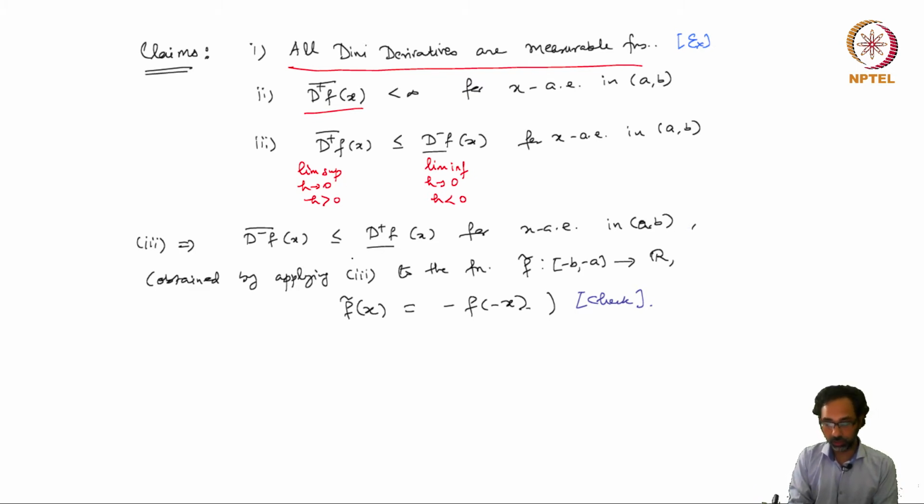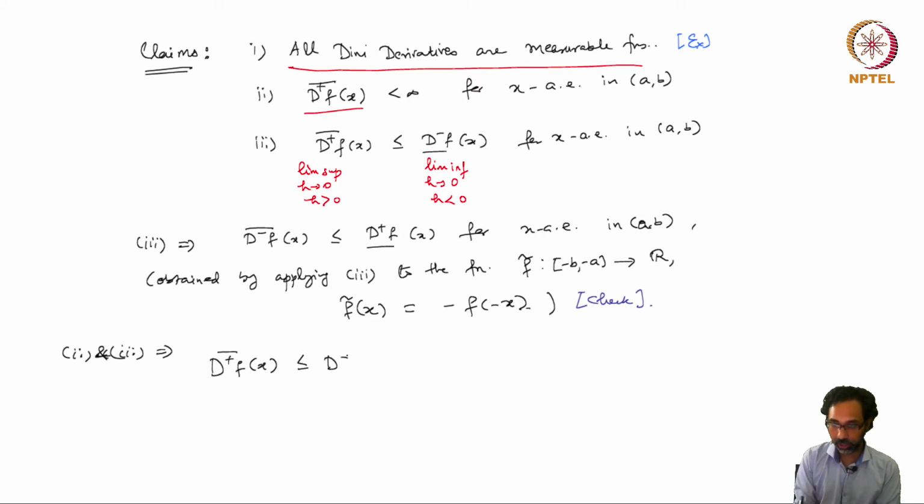And now that we have these two, we have this chain of inequalities. So 2 and 3 imply together that first, D plus f upper bar at x is less than or equal to D minus f lower bar at x. So this is by 3, and then this is less than or equal to D minus f upper bar at x, just because this is the lim inf on the left and the lim sup on the right, and then again by the consequence of this.